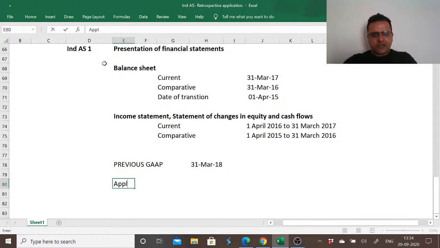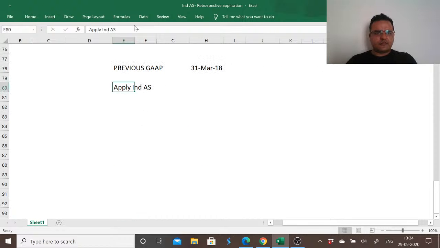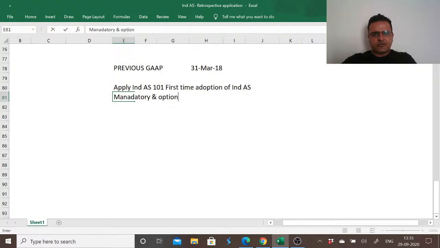We apply Ind AS 101, first time adoption of Ind AS, using mandatory and optional exemption principles.